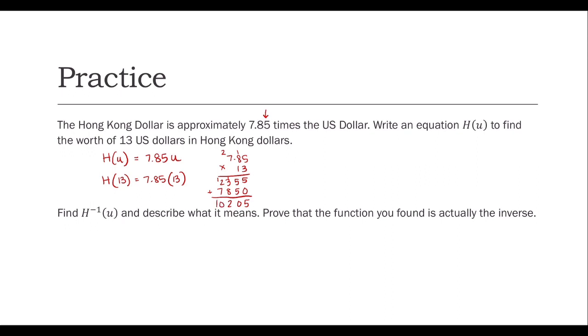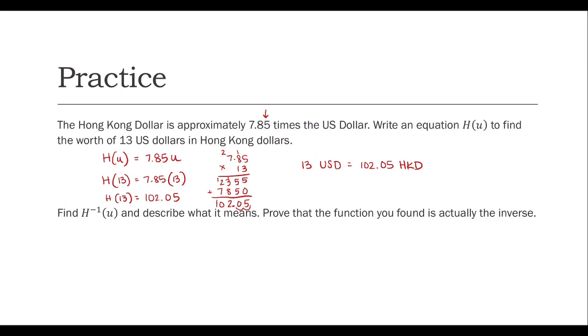And then we need to move our decimal over twice. So our answer would be H of 13 equals 102.05. So 13 US dollars equals 102.05 Hong Kong dollars.